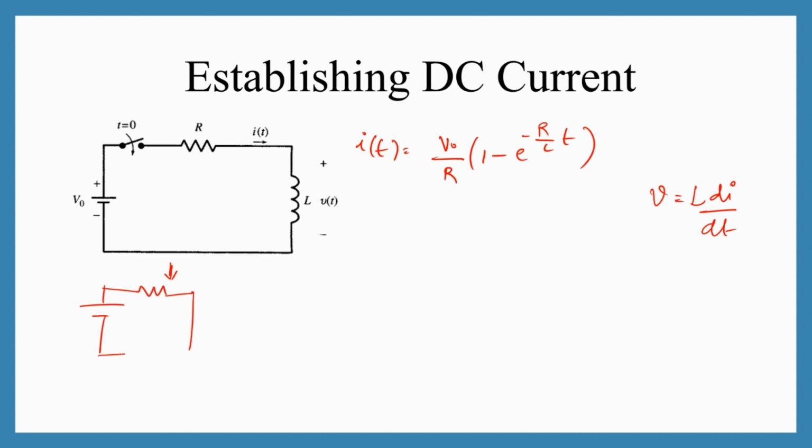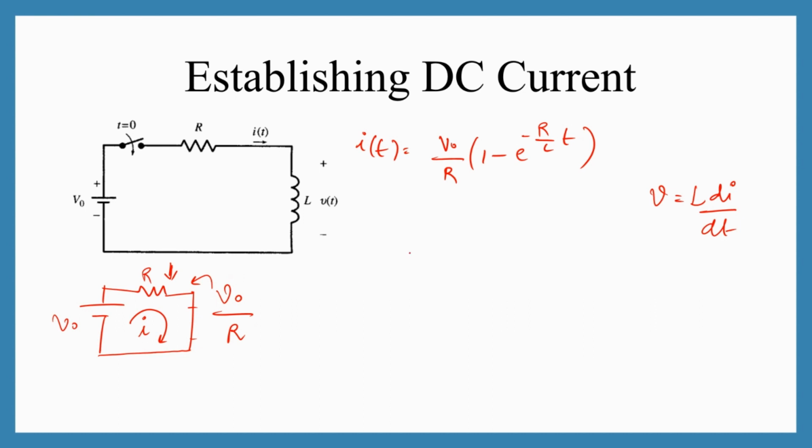That's all. The inductor would be as good as a short circuit in this manner. So in that case, what is the current that would be flowing through this? It would be V naught by R. That is the forced response. That is the current that would be flowing through this arm or this branch where the inductor is going to be connected.